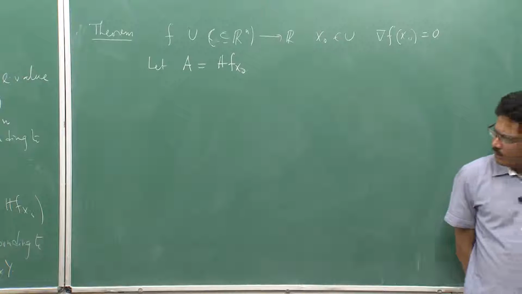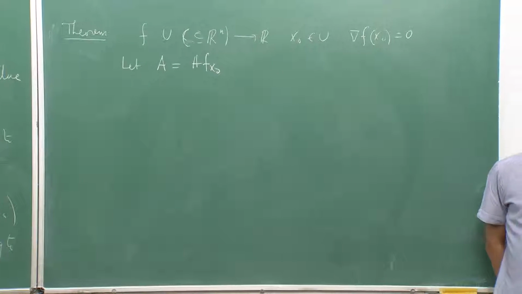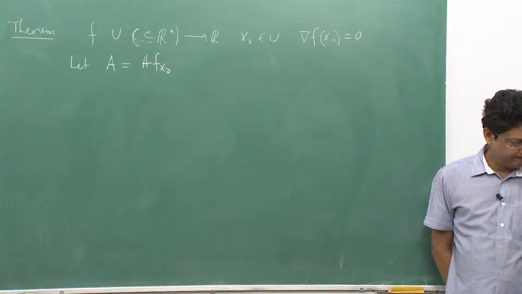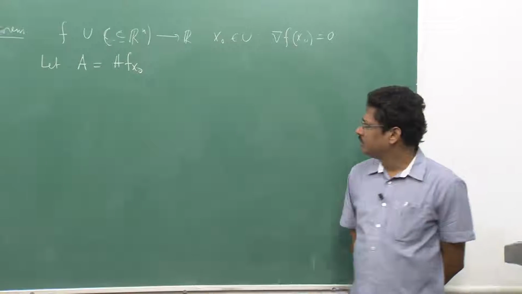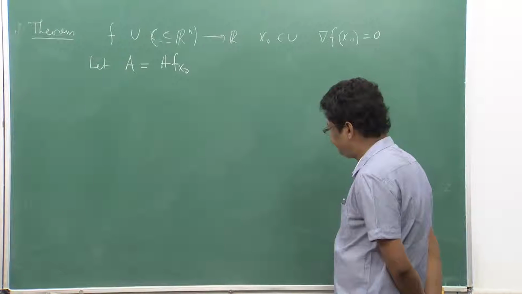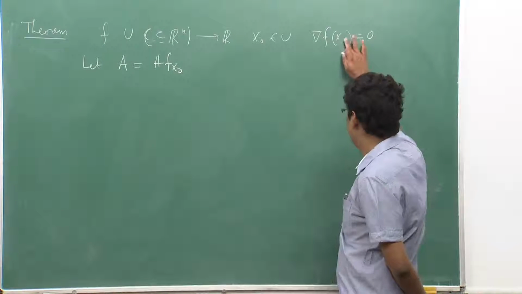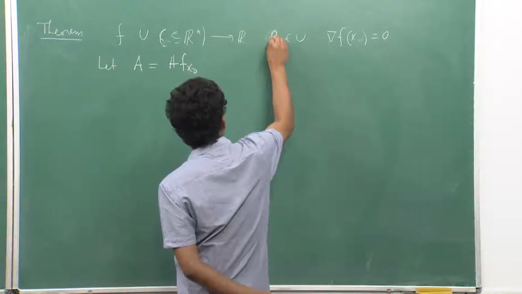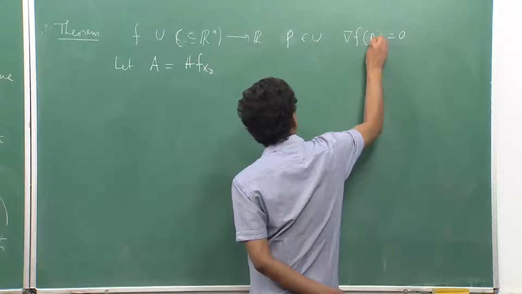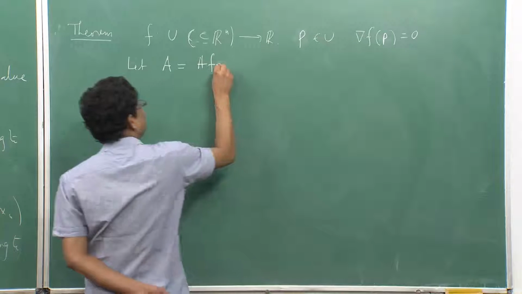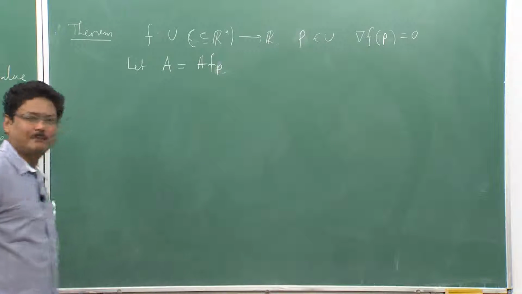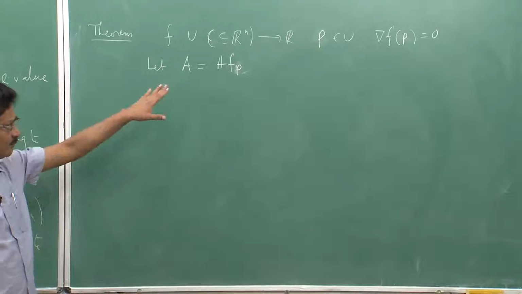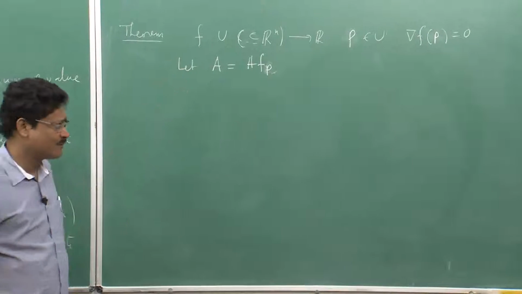I will write down the statement. Do not worry, I will use P instead of the point x naught, because I have to use the notation x in the proof.